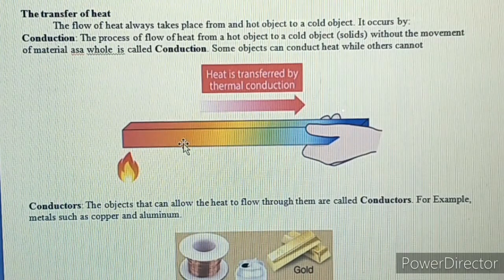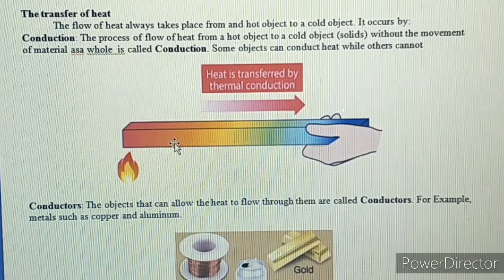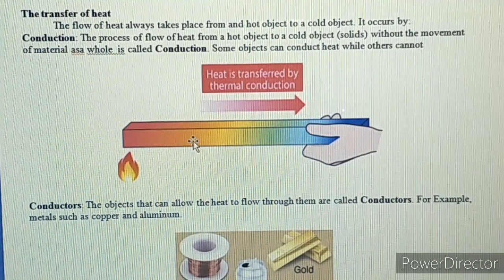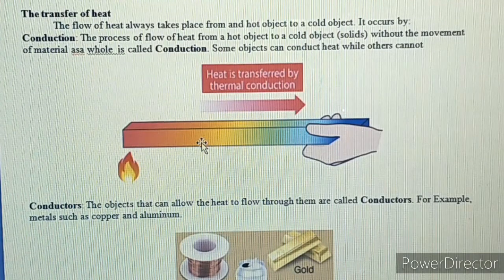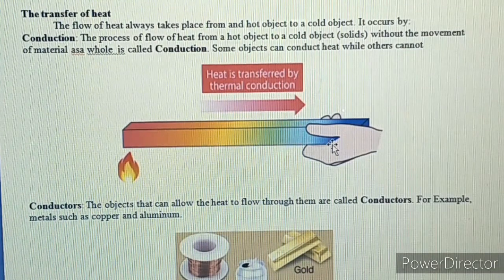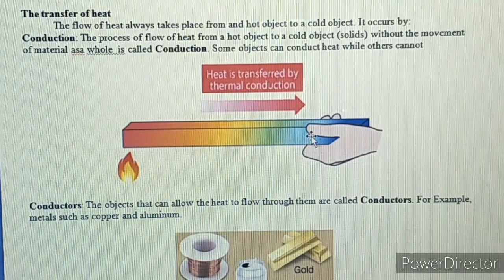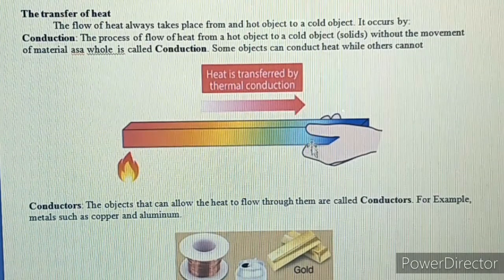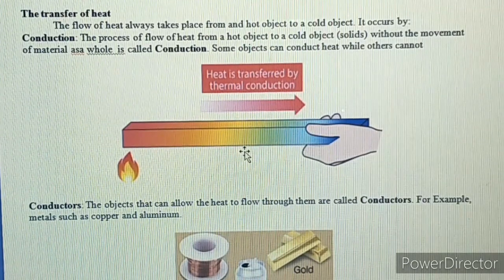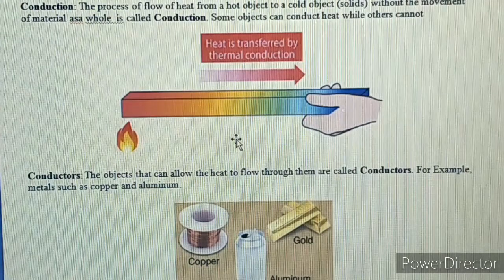So when the particles of the solid are very closely packed, one by one all the particles vibrate in their place, and then due to that some energy is produced which flows from the hot object towards the colder object, and slowly after some time the other end of that metallic rod will also heat up. This type of process is called conduction.